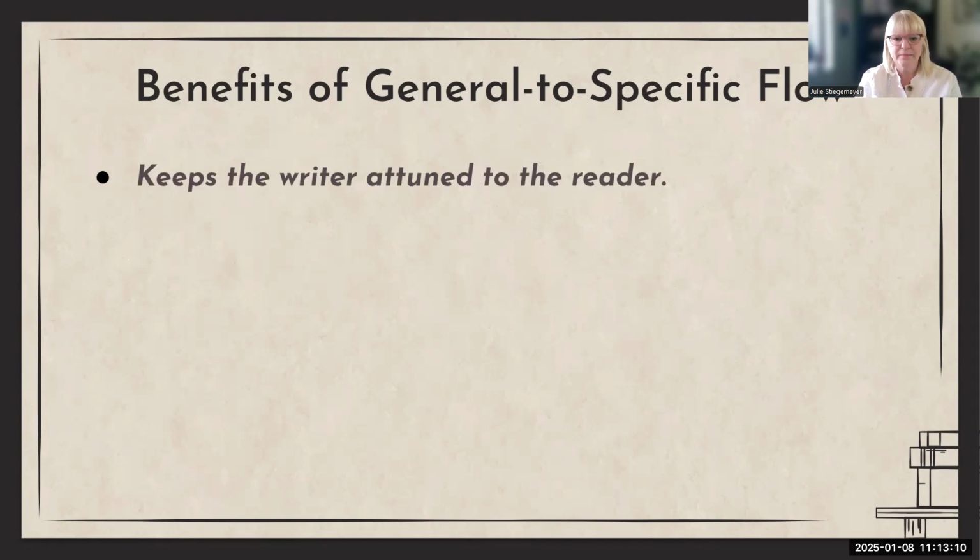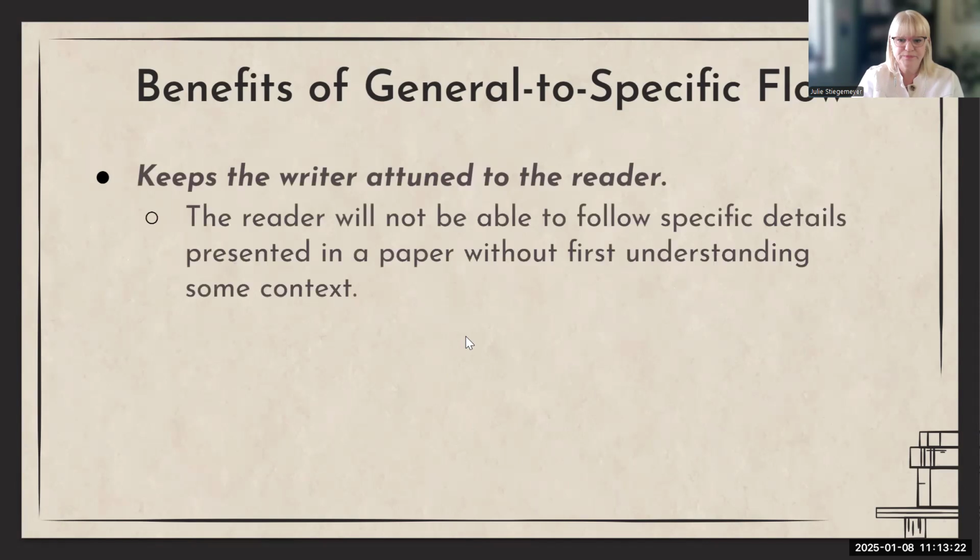But actually, those explanations and that context provide such strength to your writing that your reader is very at ease as they are going through your work. The reader will not be able to follow specific details without first understanding some context. So providing that umbrella or those general thoughts can really help with that.